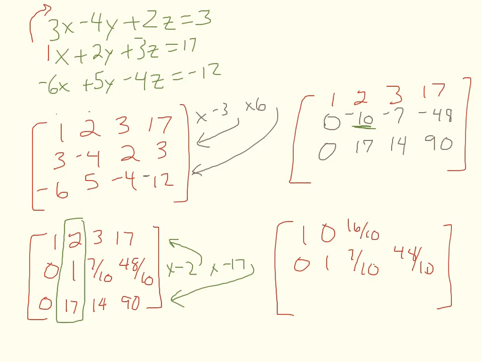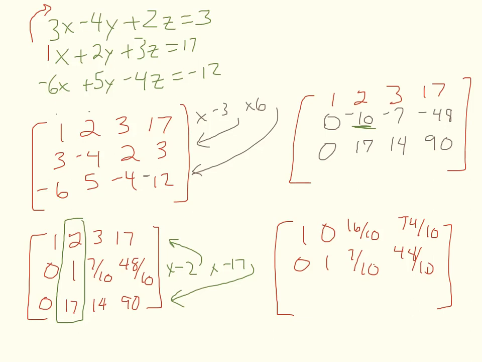Okay. 48 times negative 2 is negative 96. But then I have a 170. So 170 minus 96 should give you about 74 over 10, assuming we haven't made another math error. Okay, I believe that looks right. So 96, 170. Yeah, that's probably right.